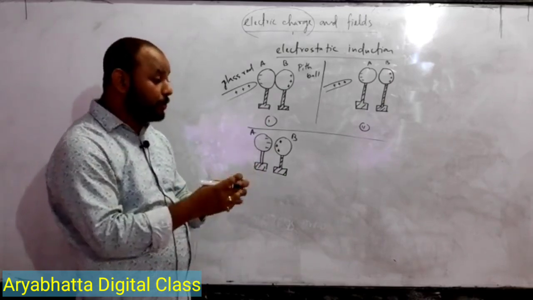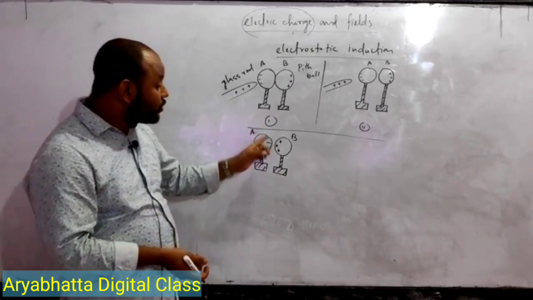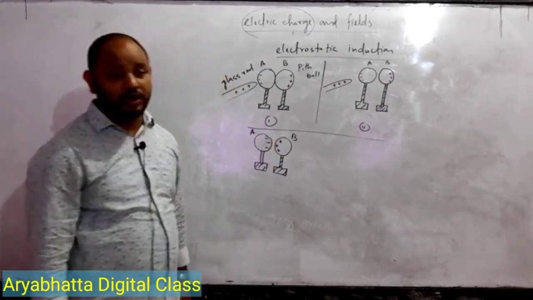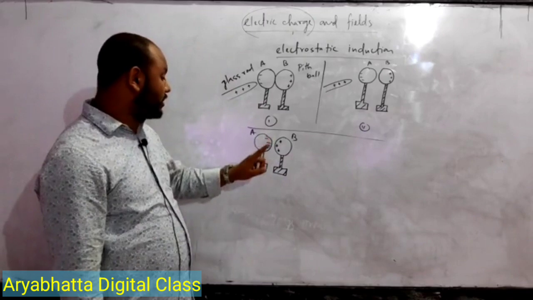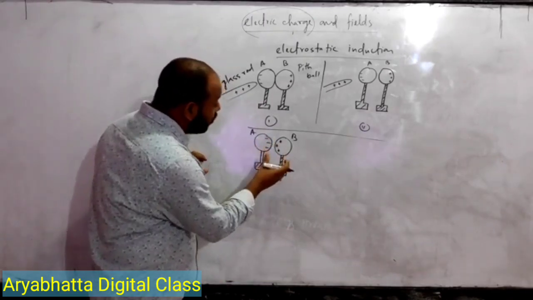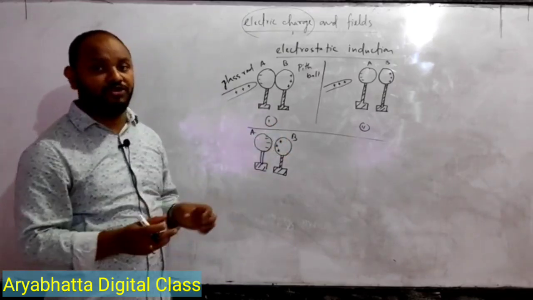They will try to recombine, but they cannot recombine because there is an air medium, which is a non-conducting medium. Through this non-conducting medium they cannot travel. That is why inside the two balls the negative and positive charges will be trapped.